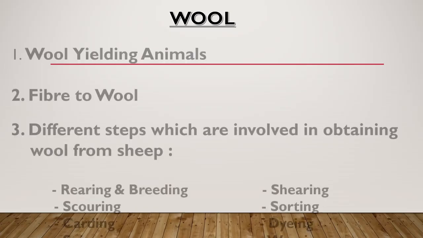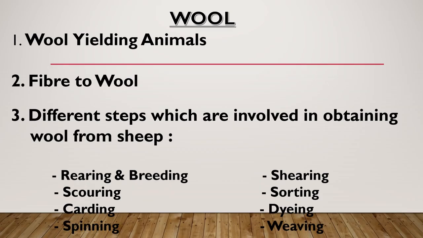Let us start with wool. Here we will be learning about some wool yielding animals, then the journey from fiber to wool, and ultimately different steps which are involved in obtaining wool from sheep.